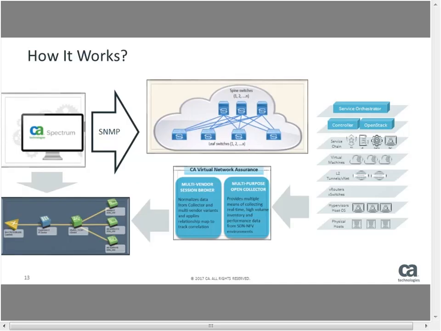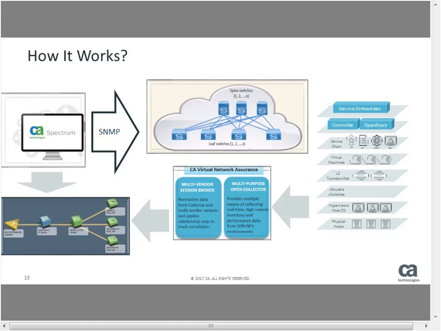So how does it work? SNMP, even Spectrum is a traditional network monitoring tool. Then how are we able to extend Spectrum to monitor your next generation network as well? As you can see in this diagram, we brought into the picture CA Virtual Network Assurance, which acts as a gateway for us. We also call that an SDN gateway for Spectrum, which helps us bridge the gap between the visibility you require to have more access to your network and to more control your network.